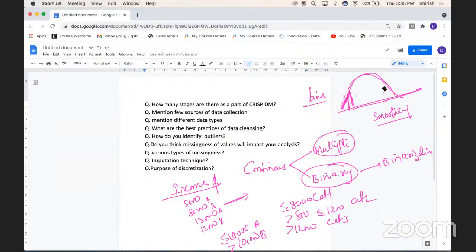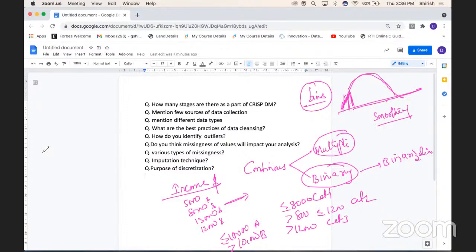The smoothing technique will remove the noise and you can perform binning. So each bin is more stable, and it would reduce the noise in your data also. That is also one of the purposes. It improves the signal to noise ratio.